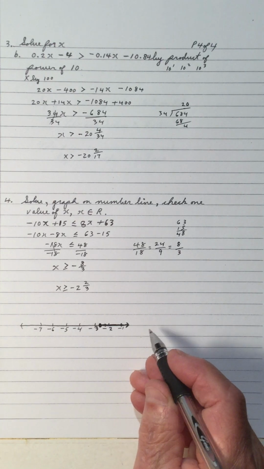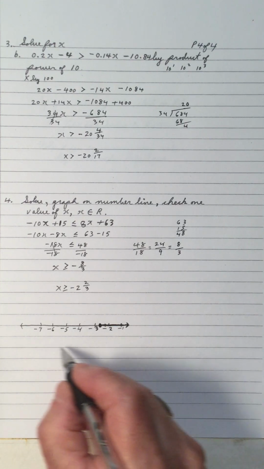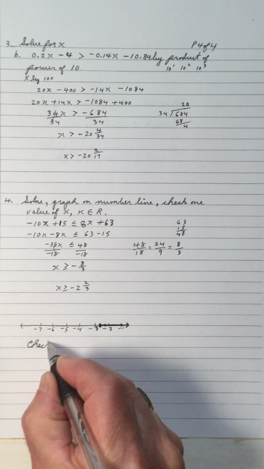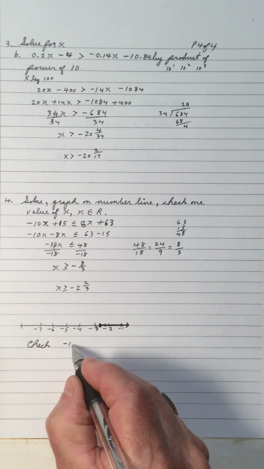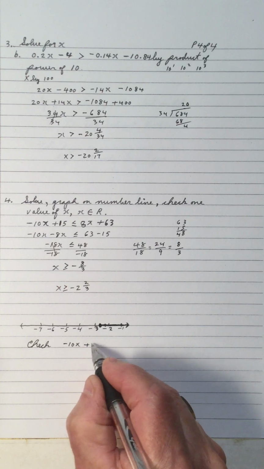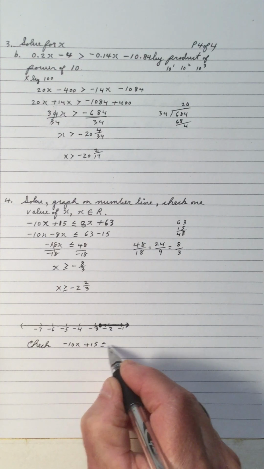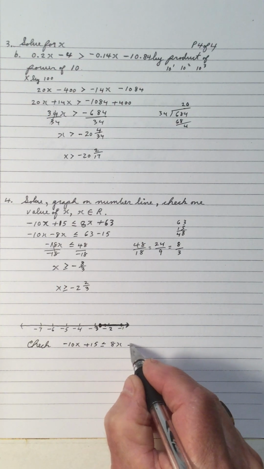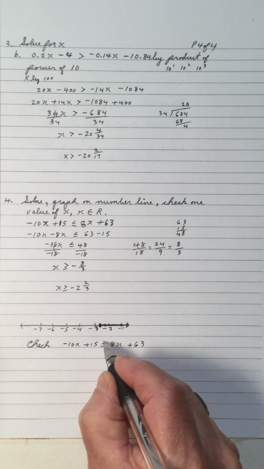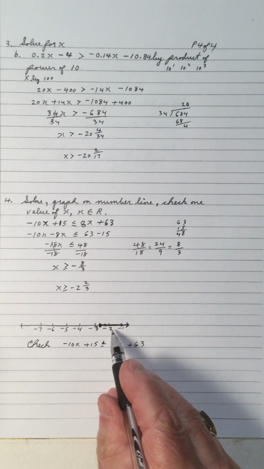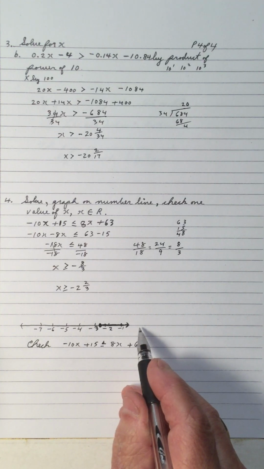And we want to check one of the answers. So when we check, we have negative 10x plus 15 is less than 8x plus 63. So when I check, I'm going to check a number that's on the right here.